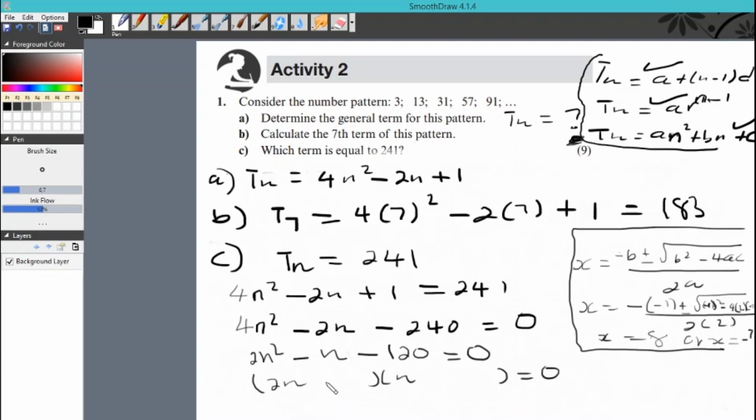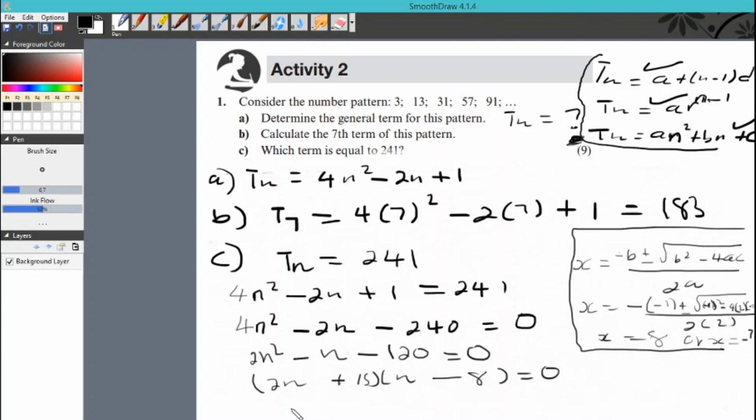The factors for this equation are 2n plus 15 and n minus 8.